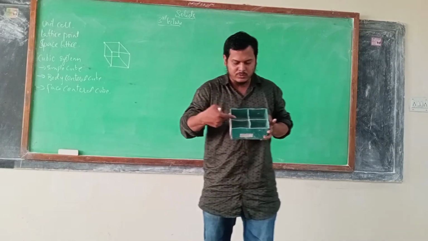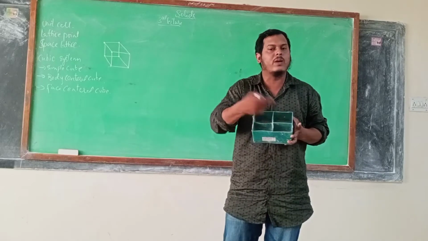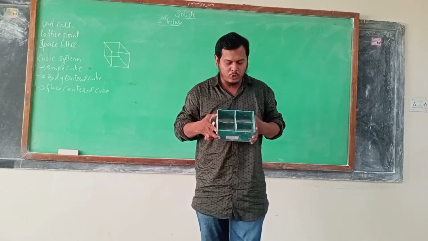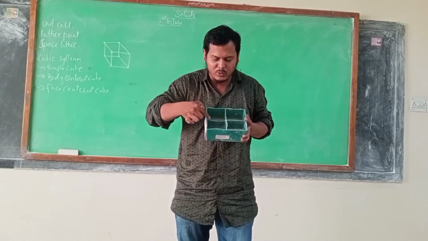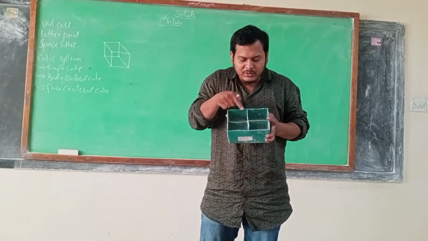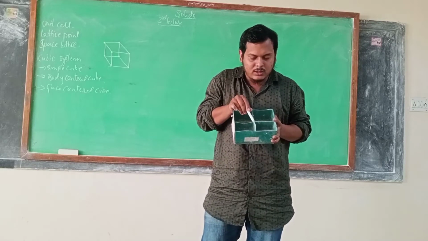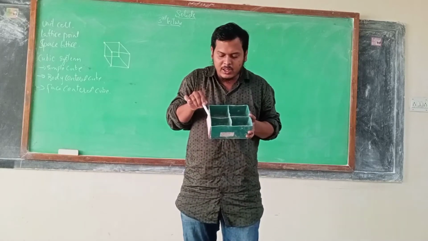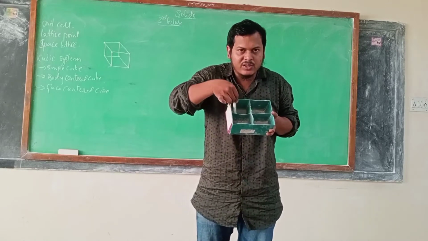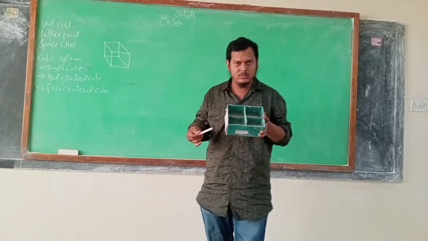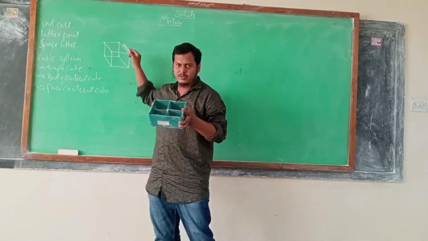Imagine these are the cubes: this is 1 cube, 2 cube, 3 cube and 4 cube. If you see the first cube, this is one corner, correct? First corner, second, third, fourth, 5th, 6th, 7th and 8th. Similarly, we have the 8 corners.